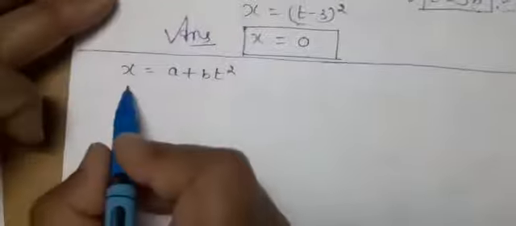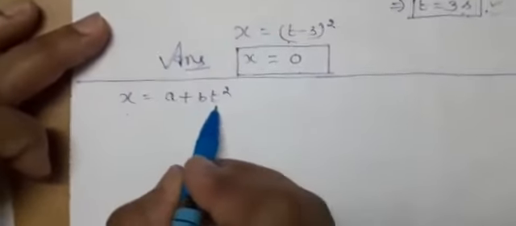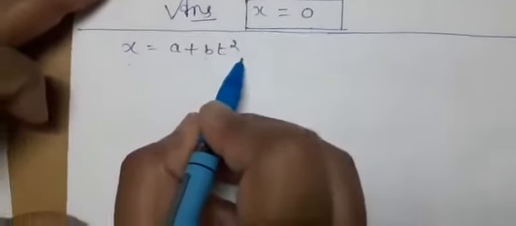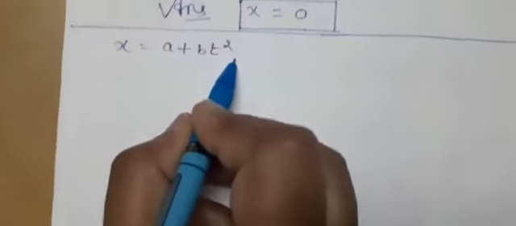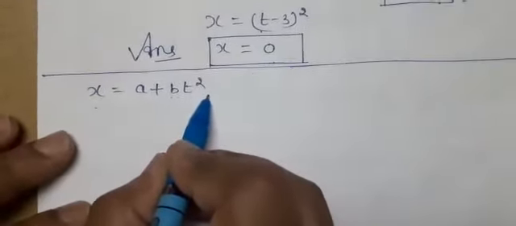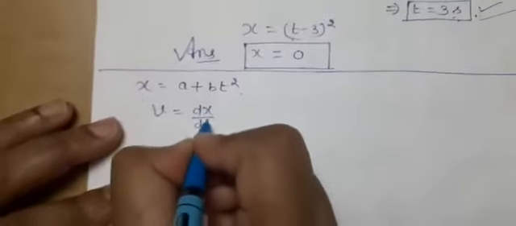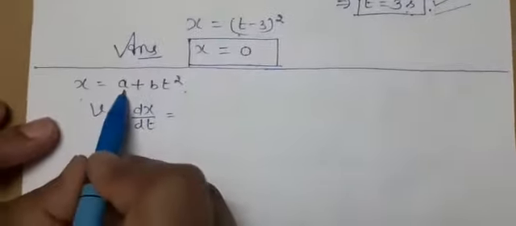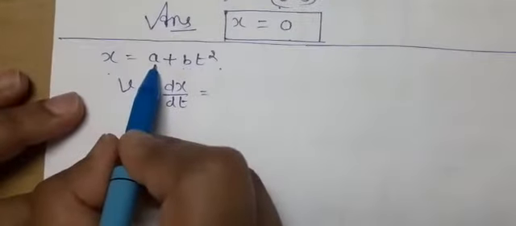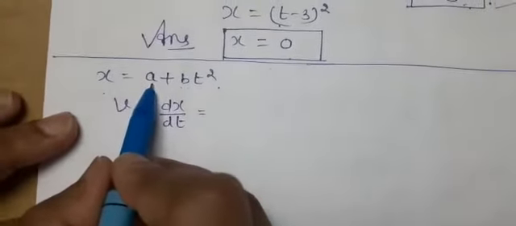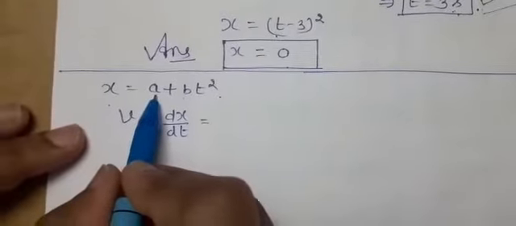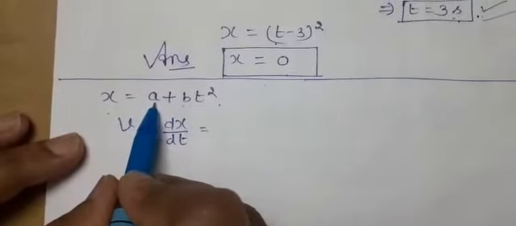Now, here position x is given by a plus bt square. From the statement, it is clear that we have to calculate the velocity at one particular instant. So velocity is given by dx upon dt. Here a is constant, its value is given to be 8.5 meter. But first of all we will do the differentiation, later on we will substitute the value.